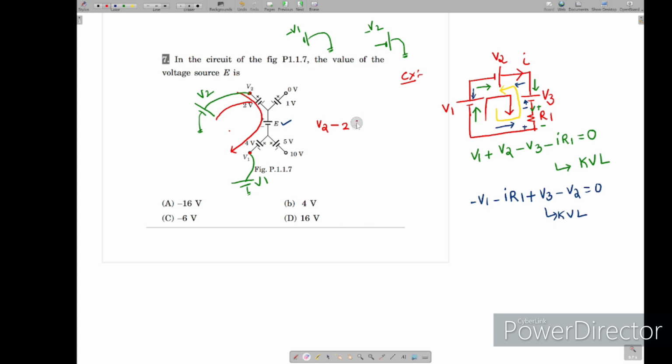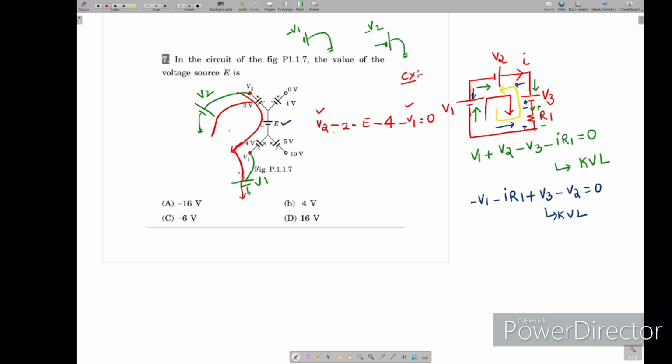I don't write V, I will take 2 minus, because positive to negative, E minus 4, again it is coming like this, ground to ground. You have to write the KVL always loop to ground. Minus 4 minus V1 equal to 0. To find VE, we require V1 and V2.